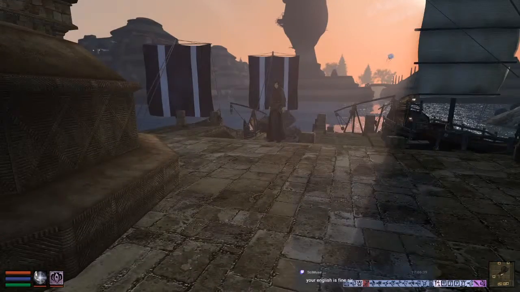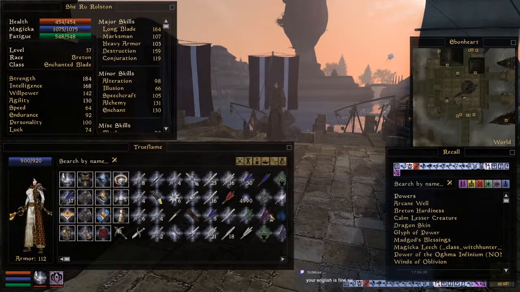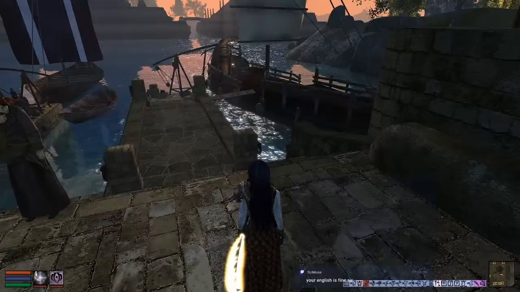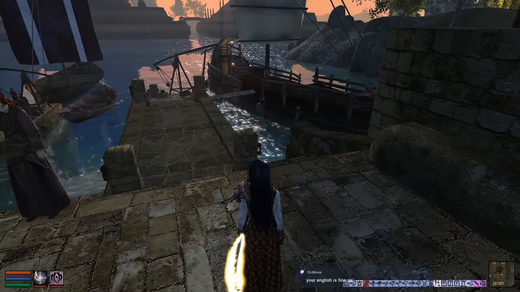So for now, let's teleport back to our Serene Tower. This is a nice idea I had.